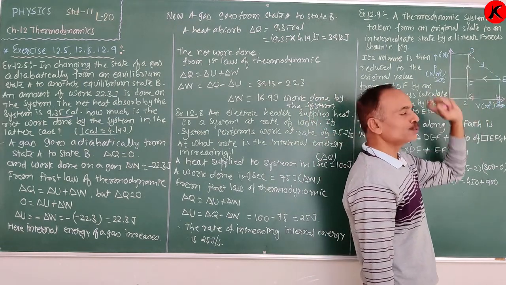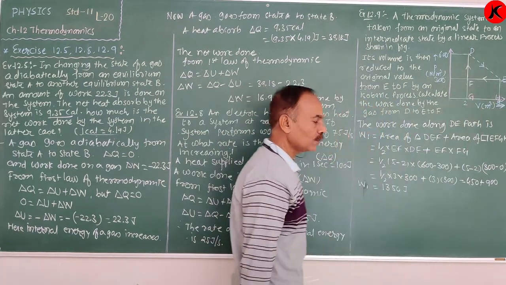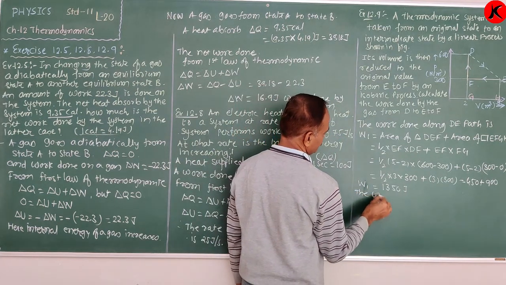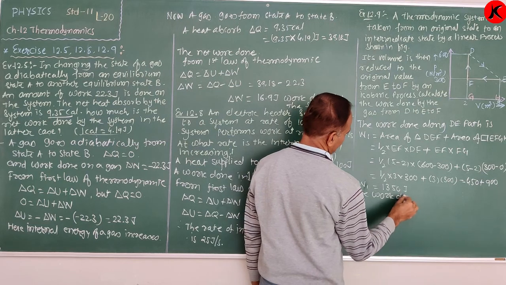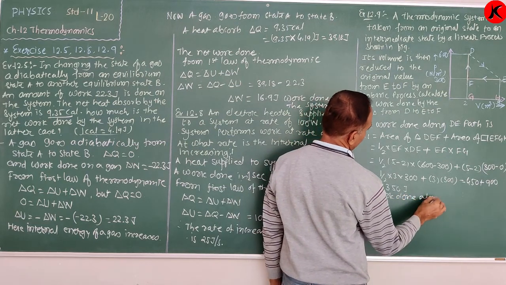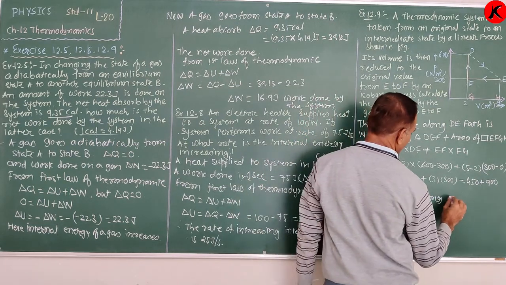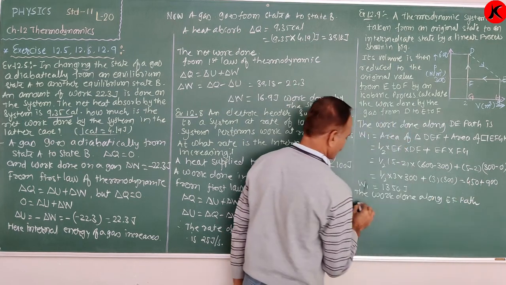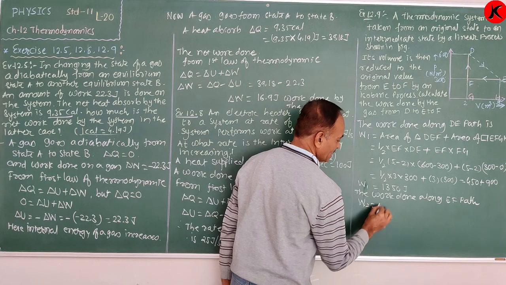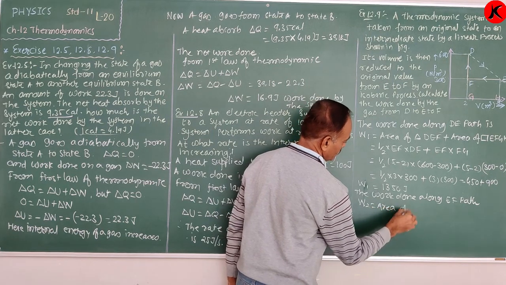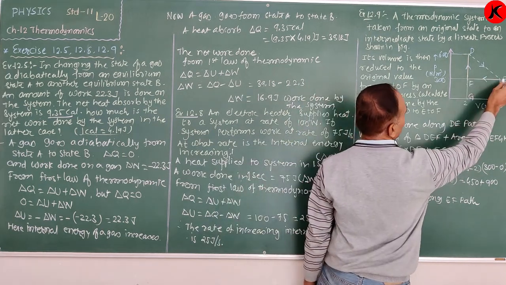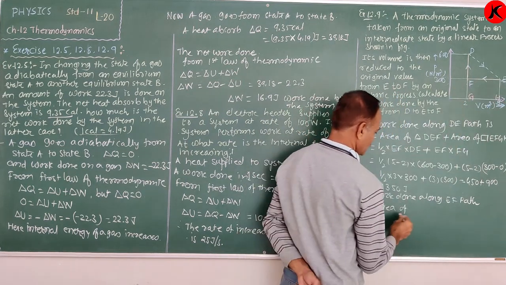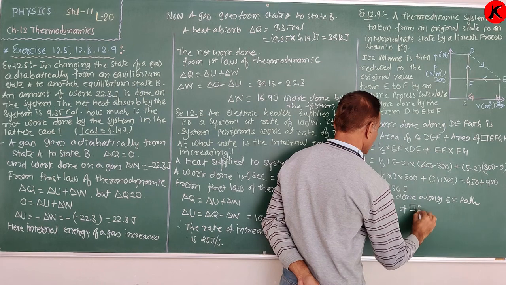Now E to F path. The work done along E to F with the EF path. W2 is equal to the area, for E to F path, whatever area is enclosed, that is the area of rectangle EFGH.